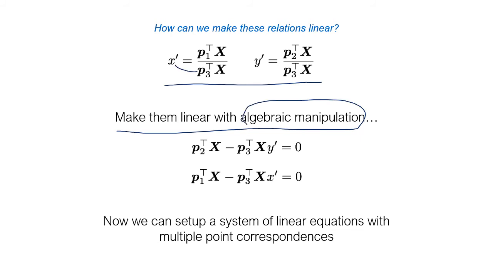We multiply this to this and this to this. Then we have these two equations, and as you can see, they are linear. Now we can set up a system of linear equations with multiple point correspondences. Because the degrees of freedom are 11, we need more point correspondences to estimate the P matrix.